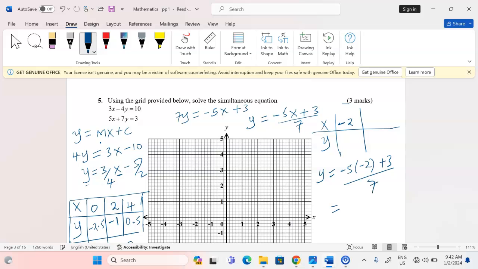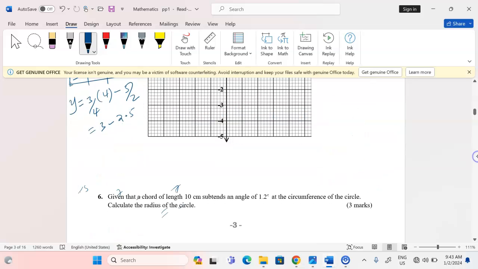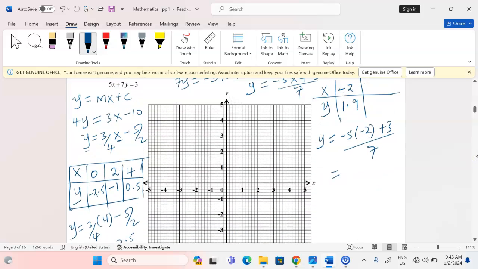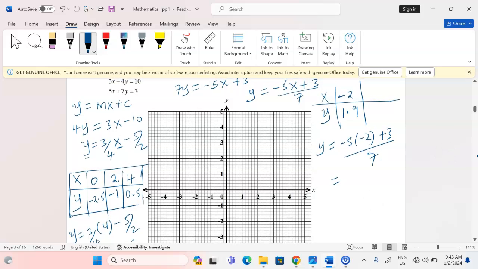So we have negative 5 and negative 2 becoming positive 10. Now positive 10 plus 3 becomes 13 over 7. So 13 divided by 7 becomes 1.9.